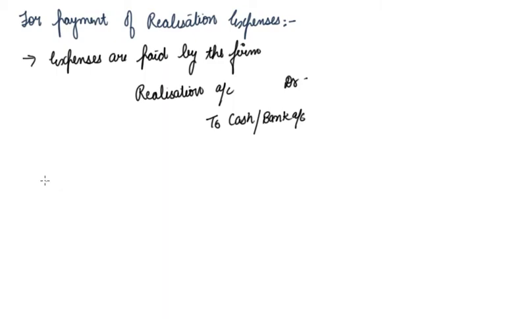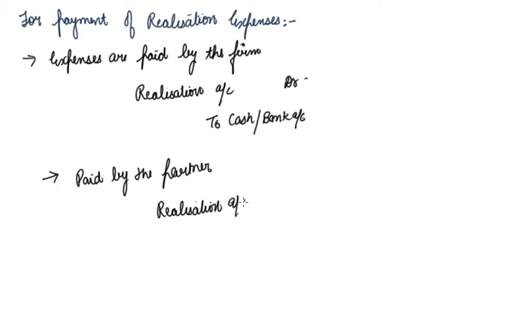Then comes when expenses of realization are paid by the partner on behalf of the firm. Same case, it is being paid, so realization account debit to partners capital account, right?